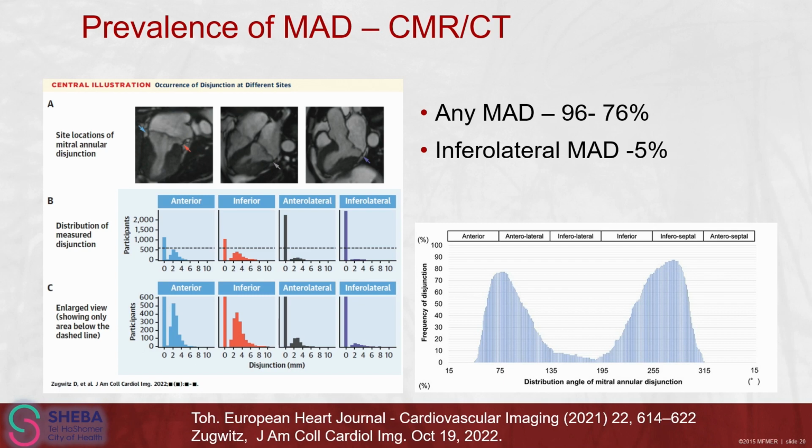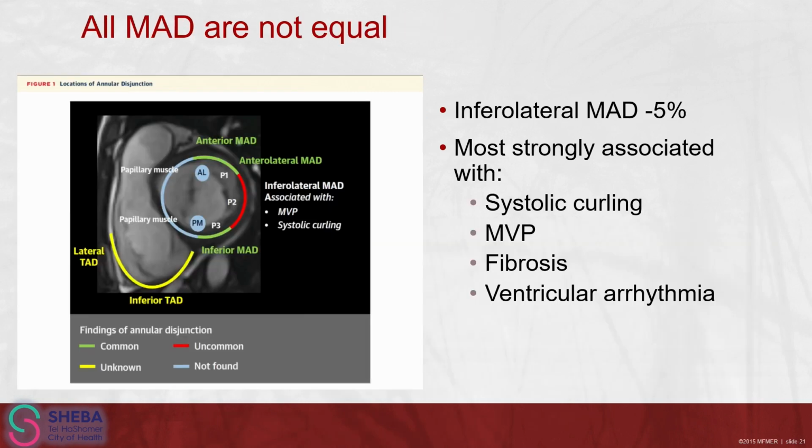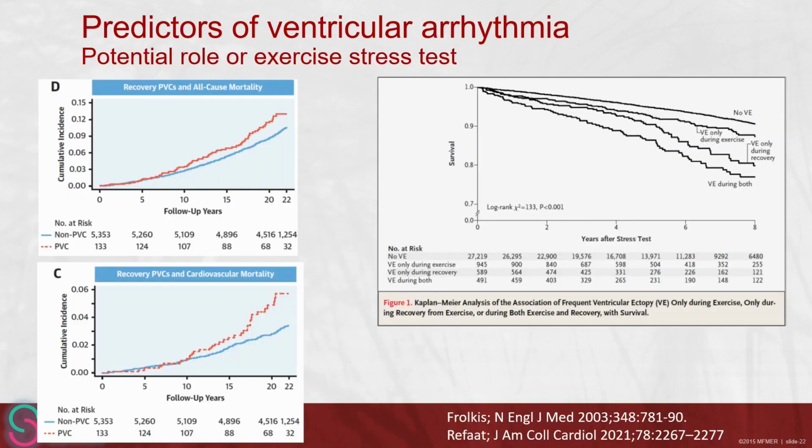But if you focus specifically on the infralateral region, mitral annular disjunction in that area is uncommon and is associated with systolic curling, MVP, fibrosis, and ventricular arrhythmia. So we should no longer talk about MAD in general, but rather focus on infralateral MAD, as this is the region that is associated with ventricular arrhythmia.